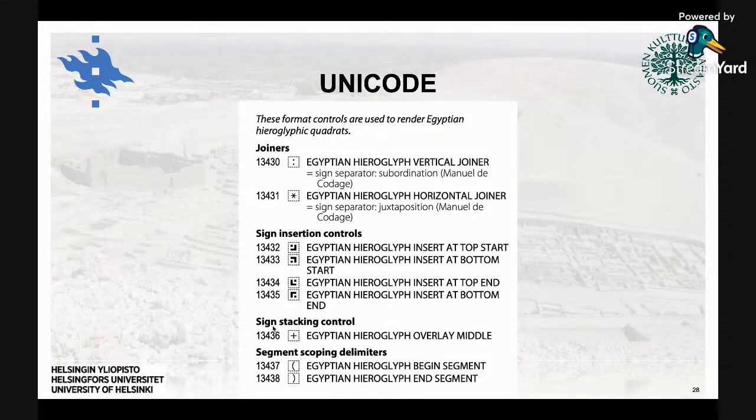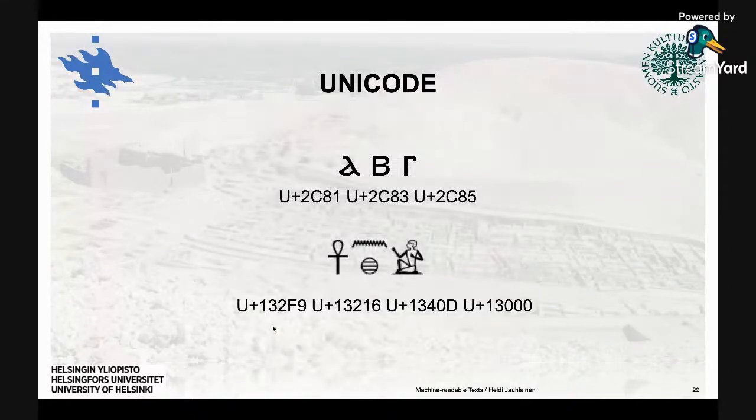But producing Unicode hieroglyphic texts is not easy, since the hieroglyphs are outside of the so-called basic multilingual plane. That means that unlike many Unicode characters that have the 4-digit Unicode hex input, hieroglyphs have 5 digits.